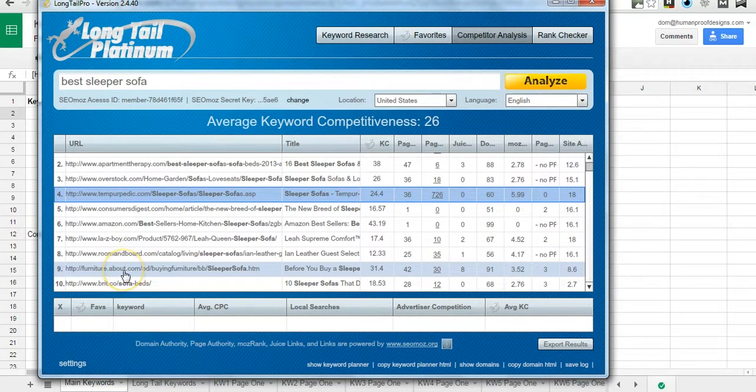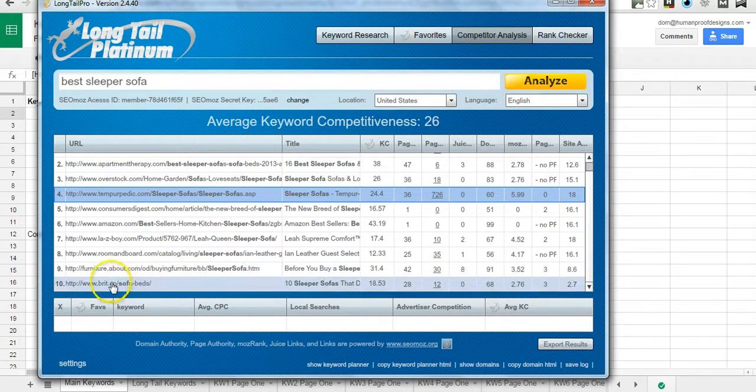These are rankings that are usually easy to beat. So if Google's willing to rank about.com on here with only 8 juice page links, you can supplant it with yourself. And this one is like a niche site. It's not even a .com, it's a .co, and it's 2.7 years old, but it's not that strong.